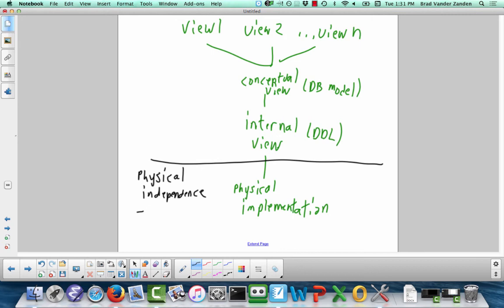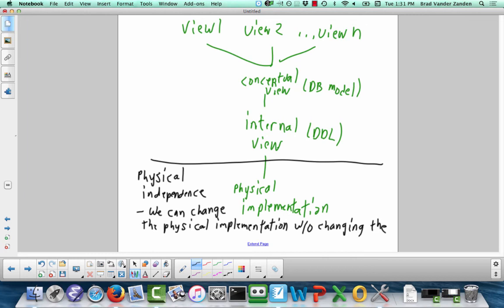So we can change the physical implementation without (WO) changing the programs written on top of it.